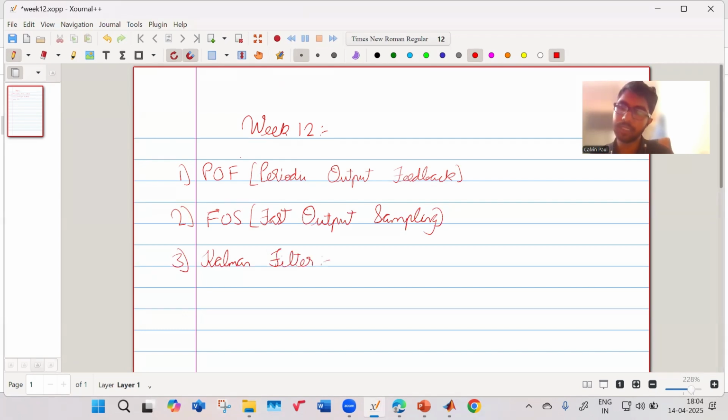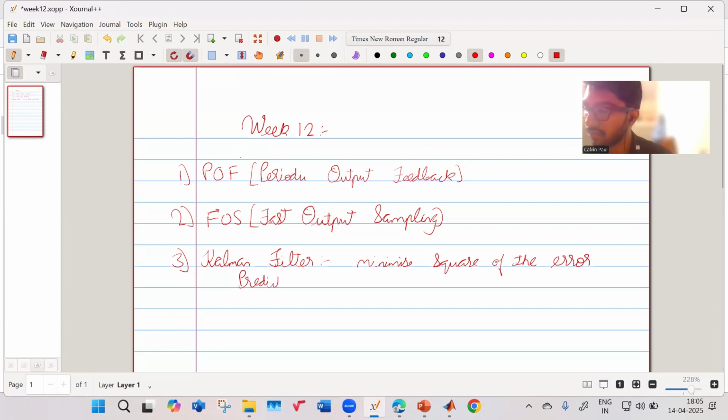So the Kalman filter, as we remember, will minimize the square of the error, and it has two stages. One is prediction and the next is correction.